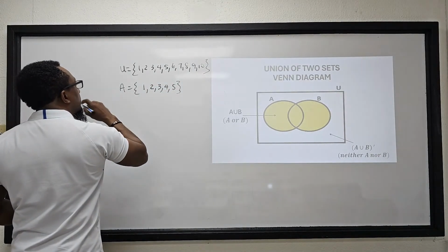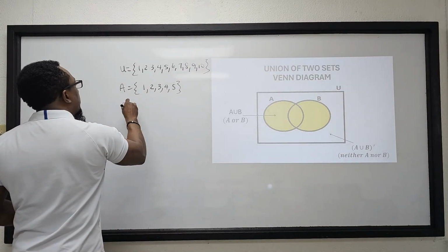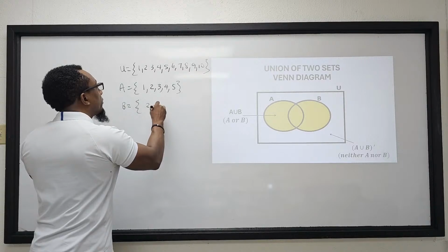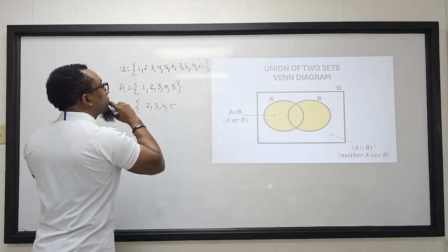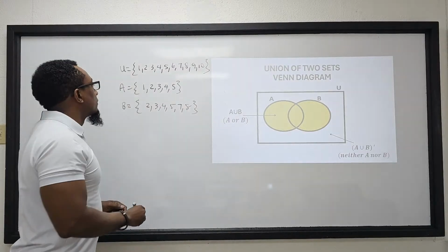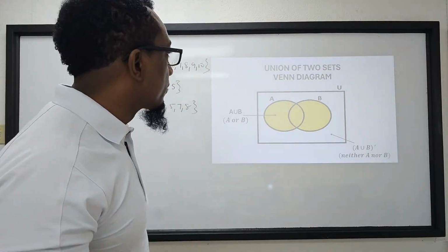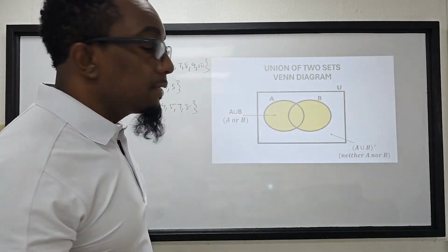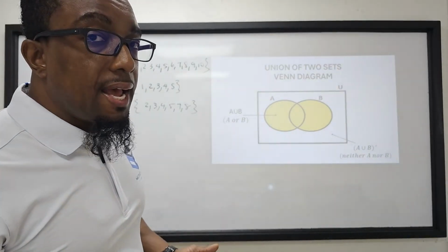And I have set B, whose elements are 2, 3, 4, 5, 7, 8. Good? And they asked me, of course, again to place those elements in my Venn diagram.